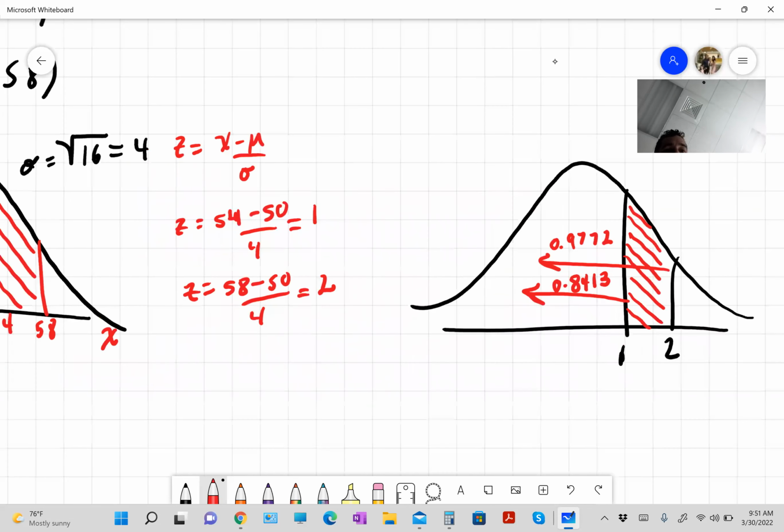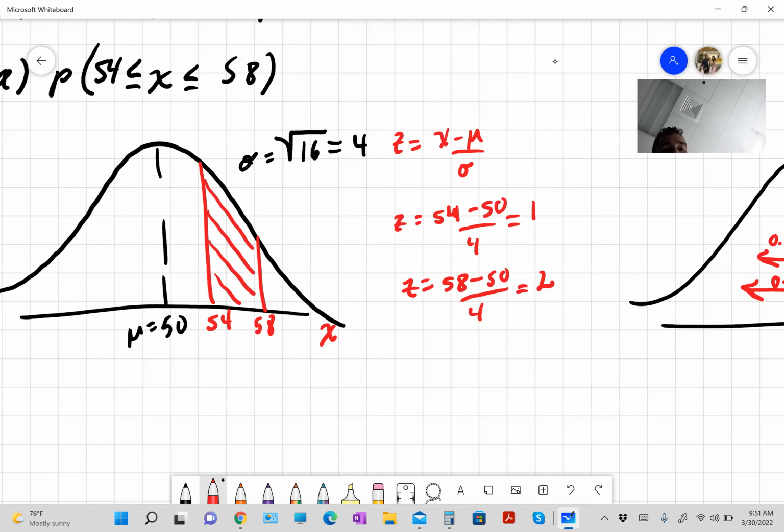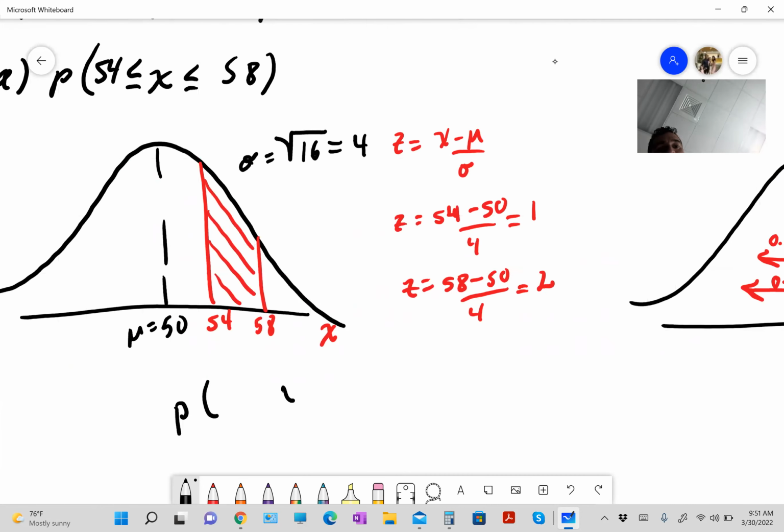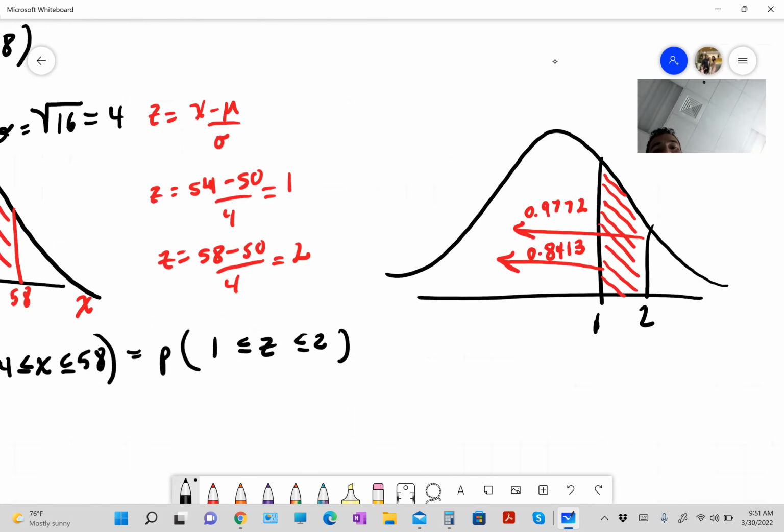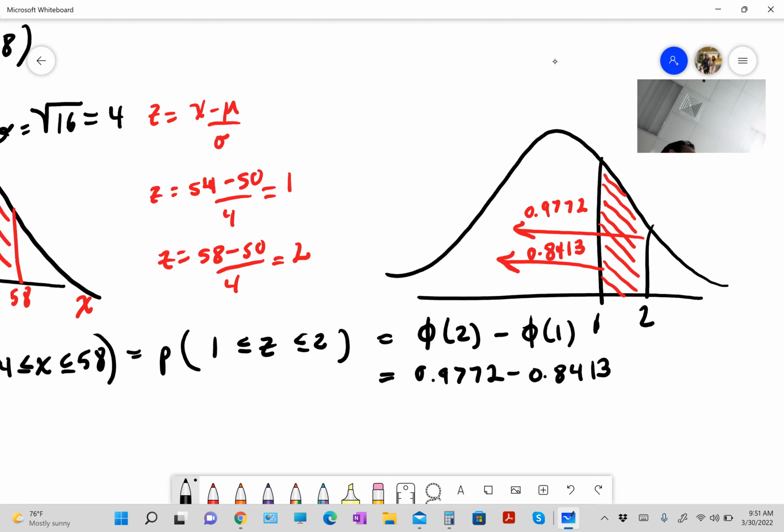So therefore, the probability that X is less than 58 but greater than 54 is modeled by the probability of Z being less than or equal to 2 and greater than or equal to 1, which is equal to phi of 2 minus phi of 1, which is 0.9772 minus 0.8413.